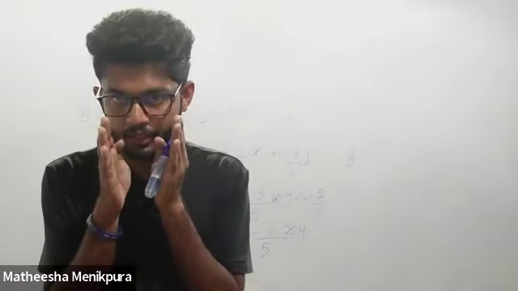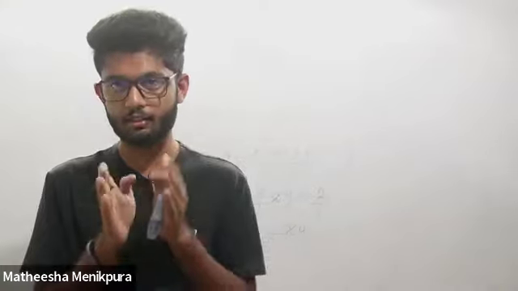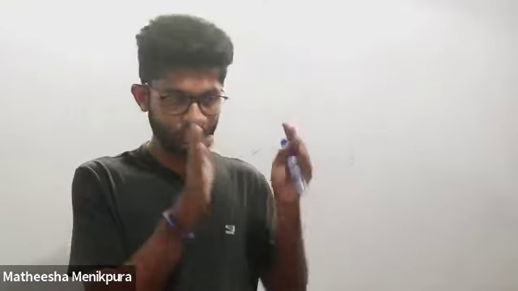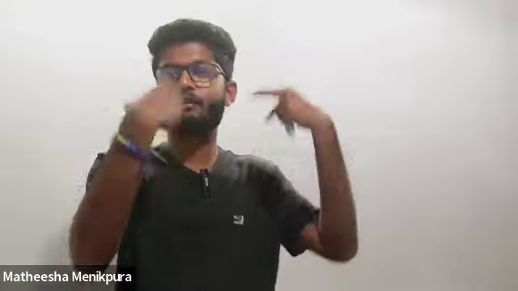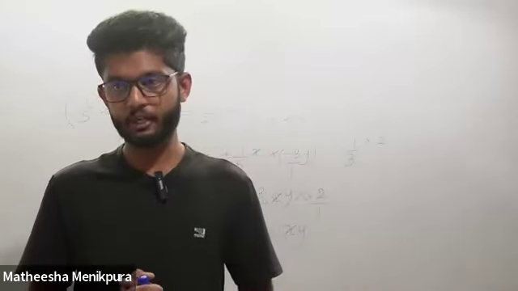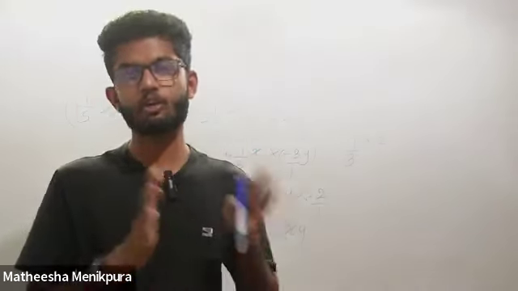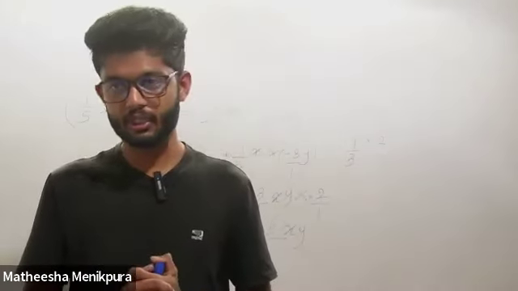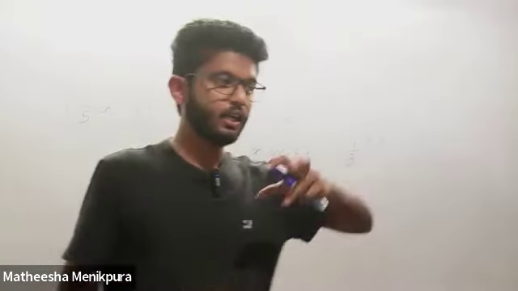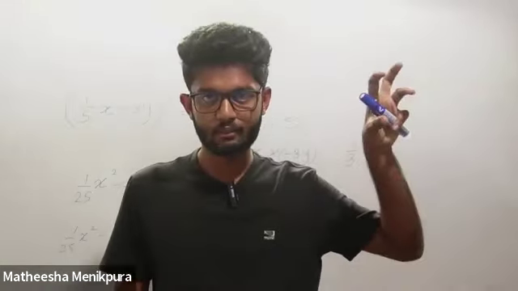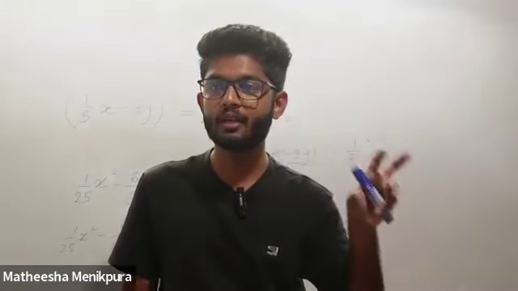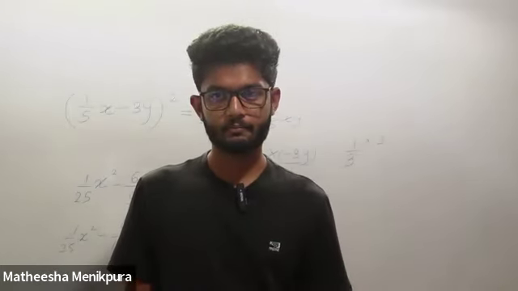When you are multiplying the denominator of a fraction by another number, definitely you have to multiply the numerator also by the same number. But when you are multiplying the numerator by a number, no need to multiply the denominator by the same thing.